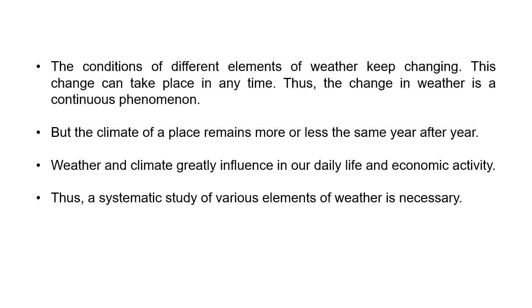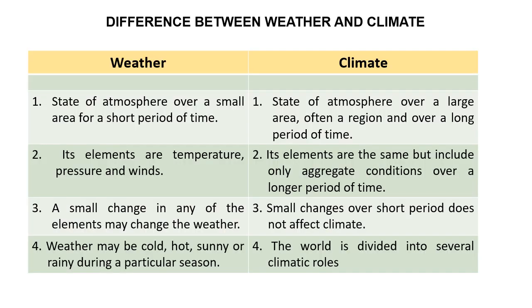Let me start. Now, weather and climate. The first point: weather is the state of the atmosphere over a small area for a short period of time. Climate is the state of the atmosphere over a large area, often a region, over a long period of time.